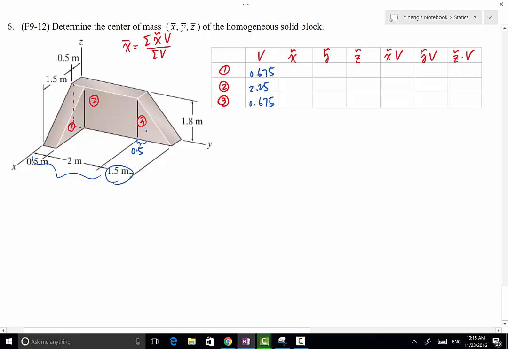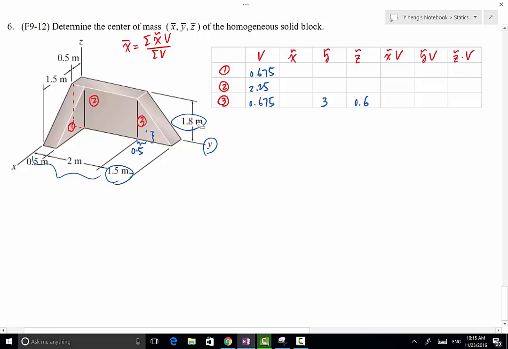So y tilde is 2.5 plus 0.5, that is 3. And then along the z direction, from here to here, that is 1/3 of its height, 1.8 meter. So that is 0.6 meter.